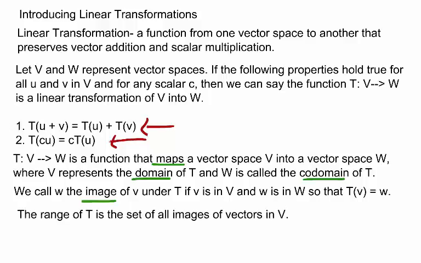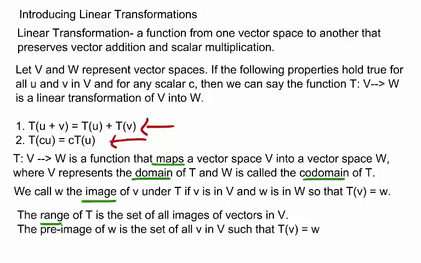The range of T is the set of all images of vectors in V. The pre-image of w is the set of all v in vector space V such that T of v is equal to w.